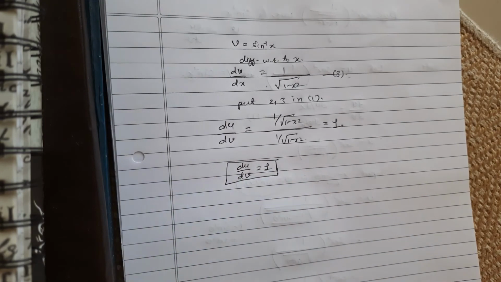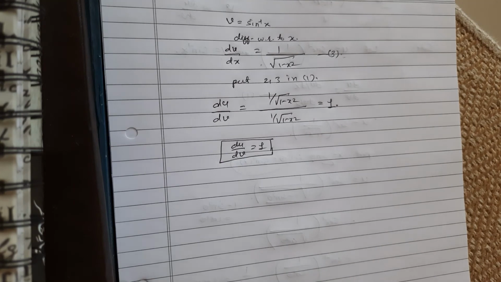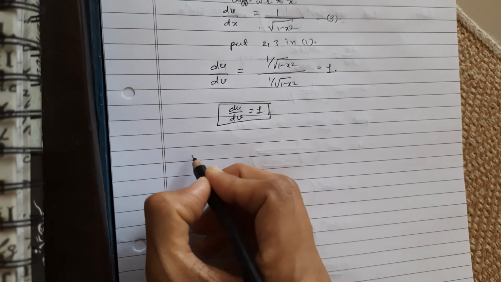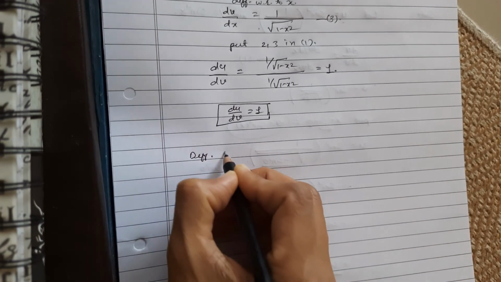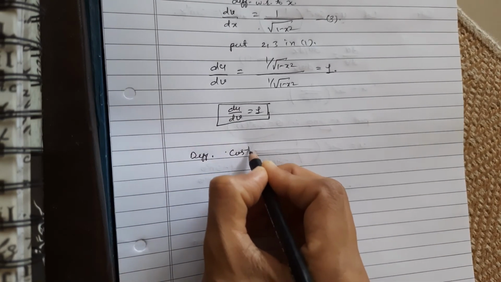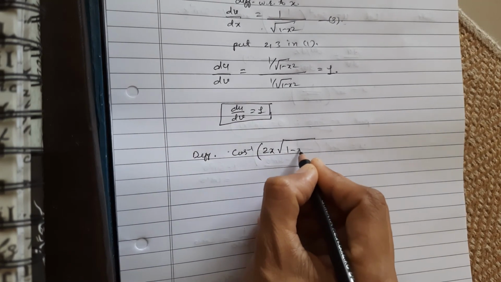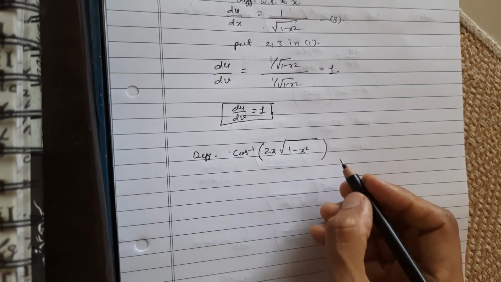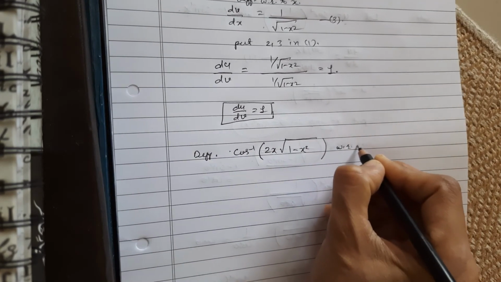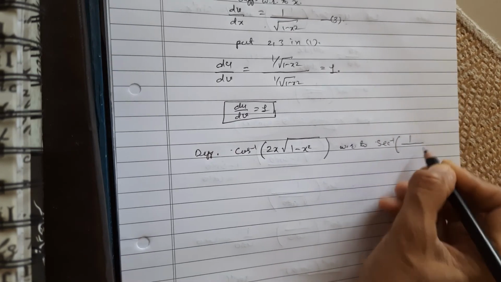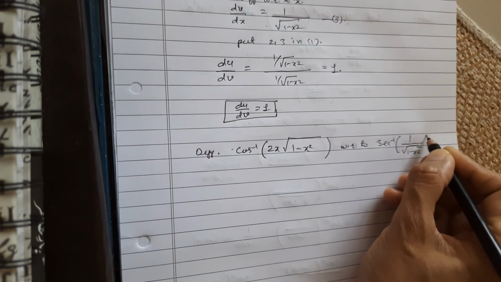Okay. So this is just a simple trick that you should know, that is how we can solve the example. Let's solve one more example so that you will be more clear. The other example is: differentiate cos inverse of 2x root 1 minus x square with respect to sec inverse of 1 upon root 1 minus x square.